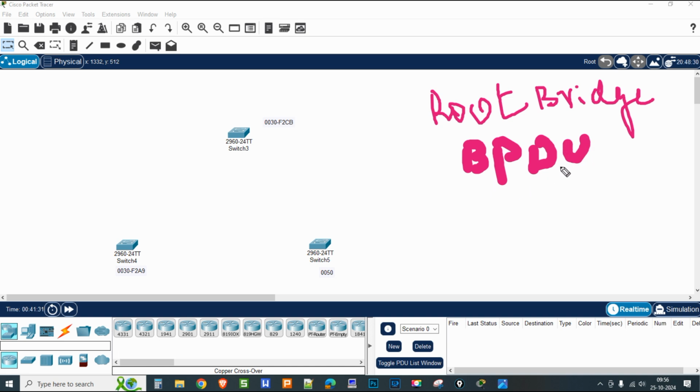It sends BPDU packets every 2 seconds to all the switches in the infrastructure. It contains the bridge information: the priority value, MAC address, and VLAN ID. The switch with the lowest priority value is elected the root bridge.